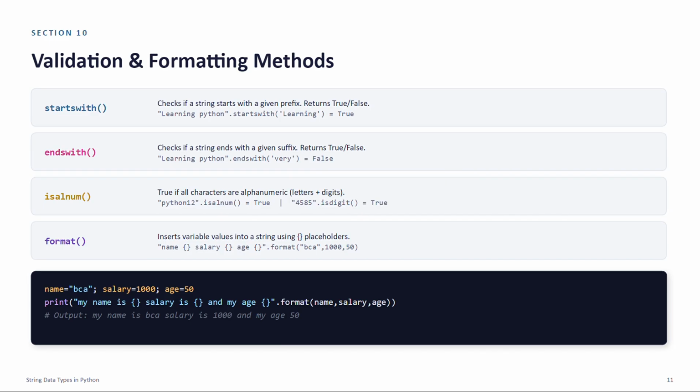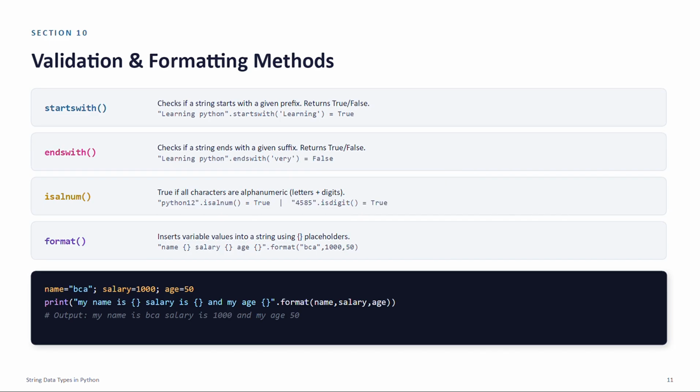Now the next one is format. The format function helps us insert variable values into a string using placeholders. So I want a name, then I use a placeholder, a salary placeholder, an age placeholder, dot format. Whichever values you want, for example BCA, 1000, 50. In the last one, at the bottom, I have used name BCA, salary 1000, age 50.